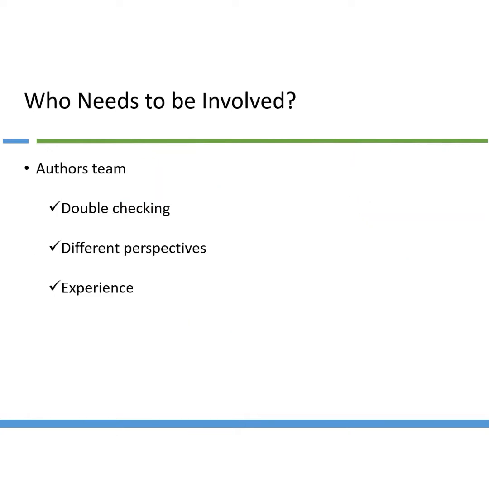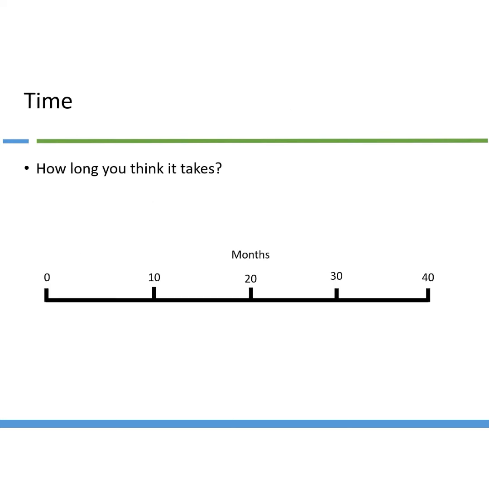Who needs to be involved in a systematic review and meta-analysis? Usually you need an author team for double checking, to get different perspectives and different experiences. What's the time usually needed? What do you think is the time usually needed to do one systematic review and meta-analysis? According to the Cochrane Collaboration, on average, it takes 30 months to conduct.